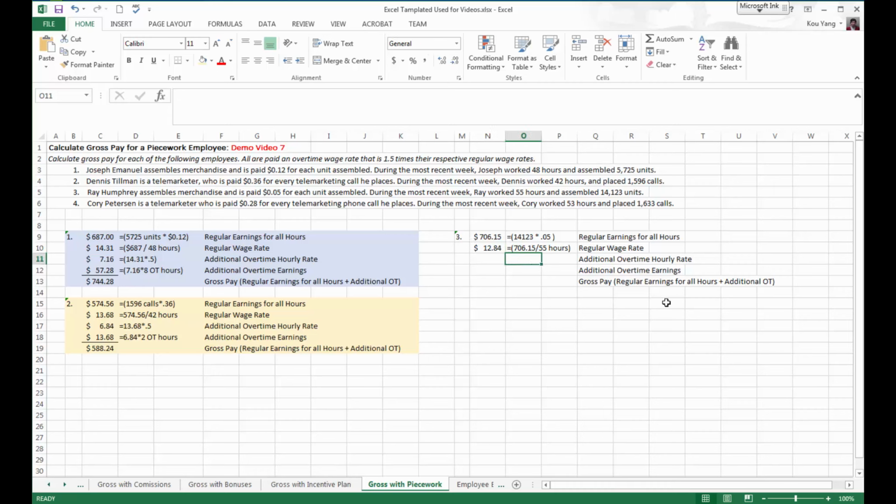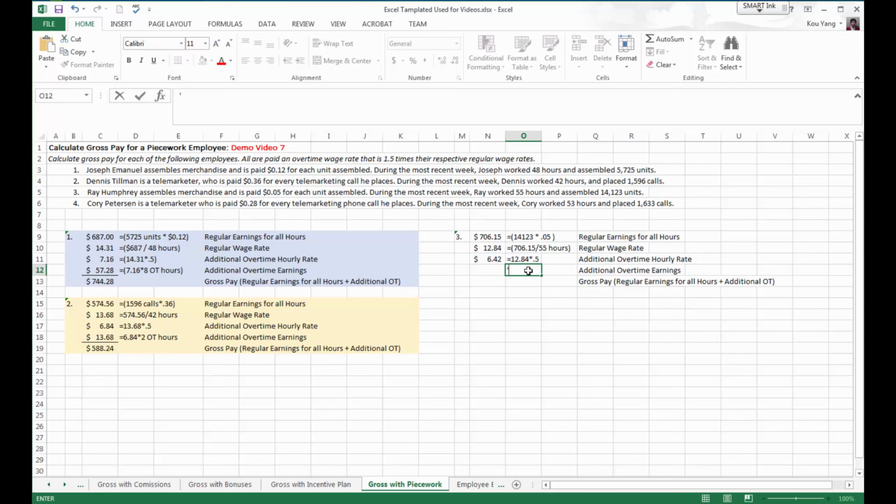The additional overtime rate is the $12.84 times the 0.5, for a total of $6.42 for the additional overtime hourly rate.